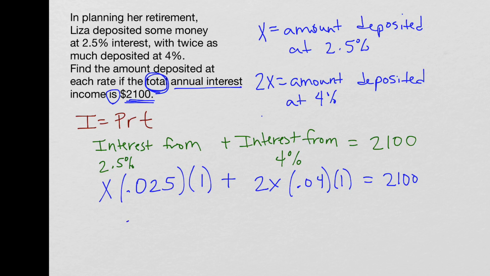So we end up with 0.025X plus 0.08X equals 2,100. So we want to add these two X values together. We add those two X values together on the left-hand side.